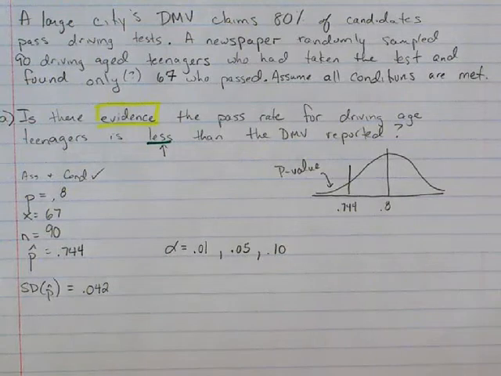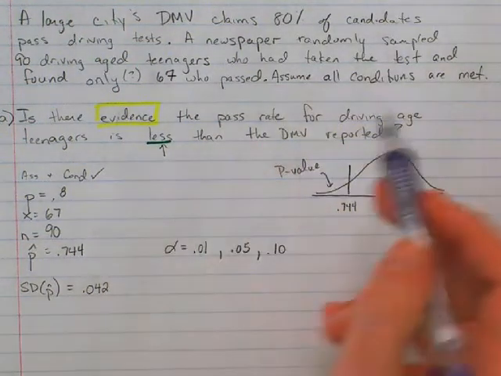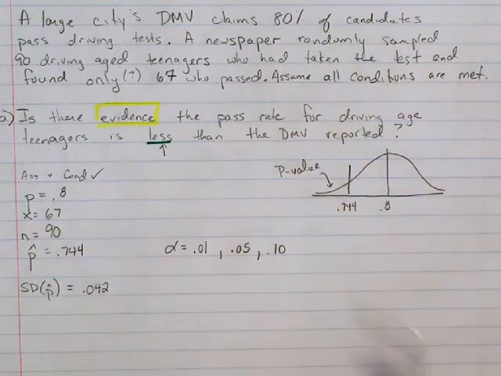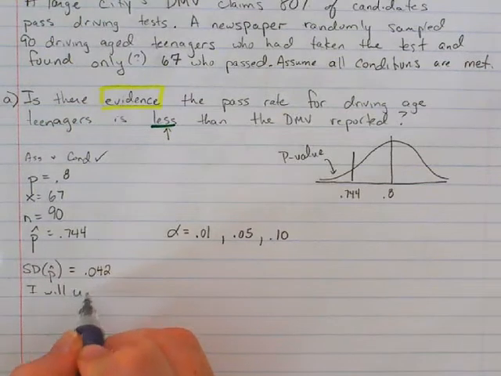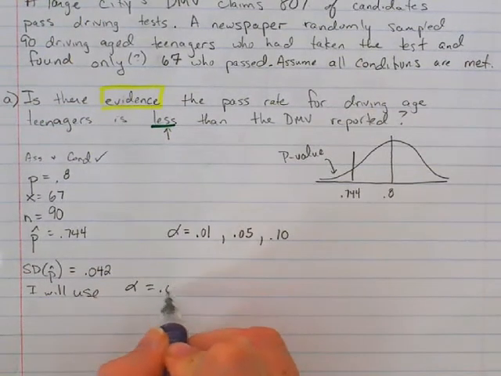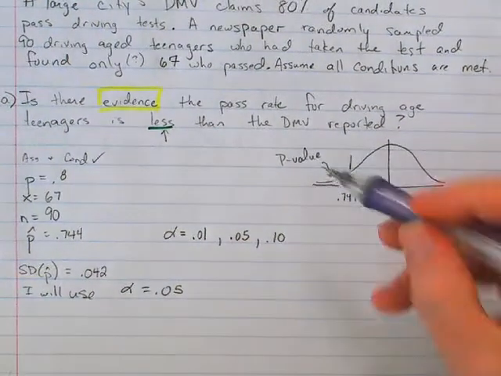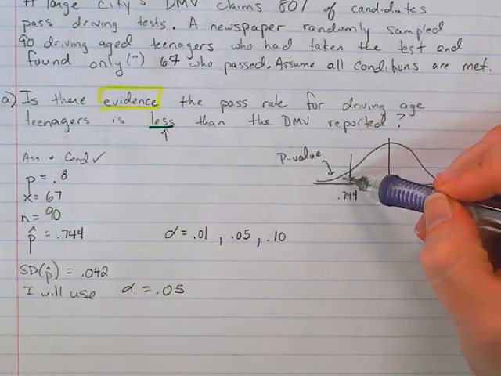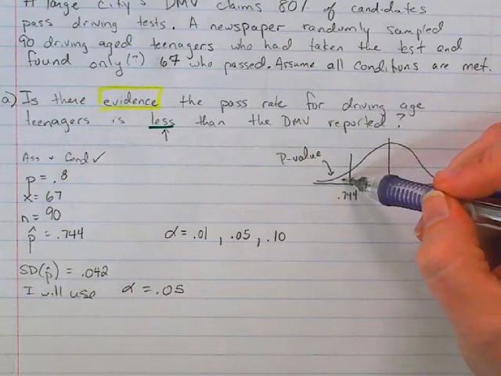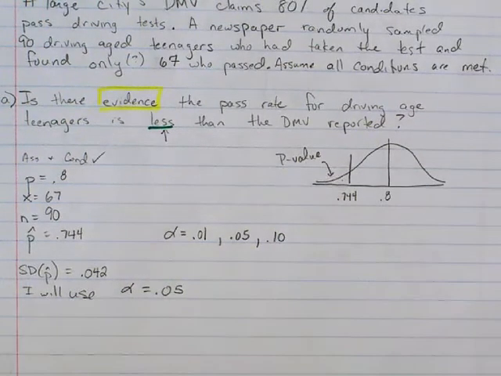What we're going to do is pick good old 5%. And when we do our assumptions and conditions, it will fit in right there. I will use alpha equals 0.05. So what I'm saying is, if this number is bigger than 0.05, it is so large. And if it is less than 0.05, it is so small. So that's my threshold, at 0.05.